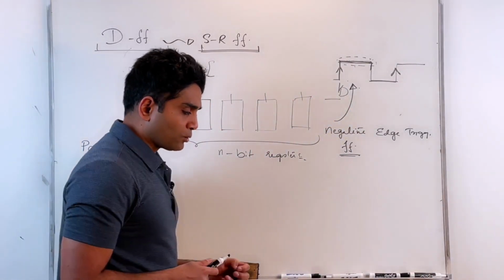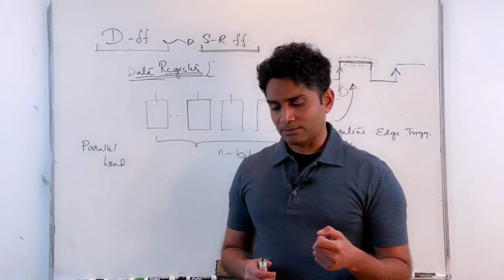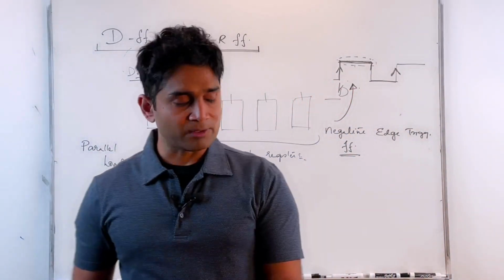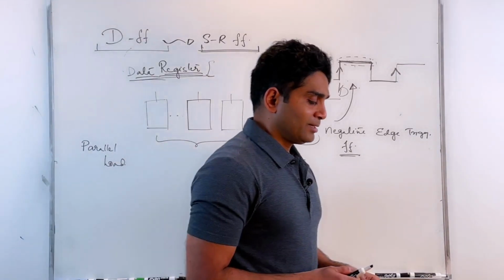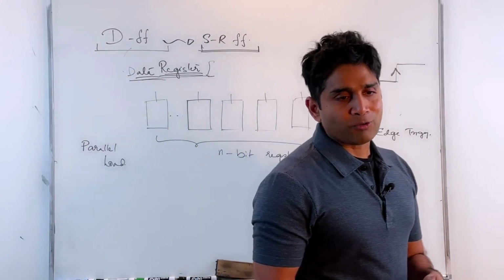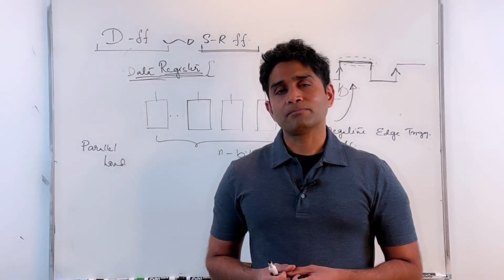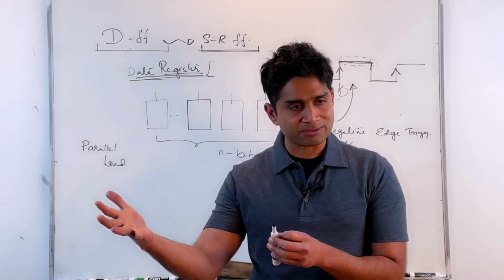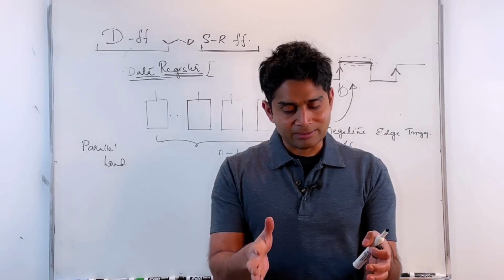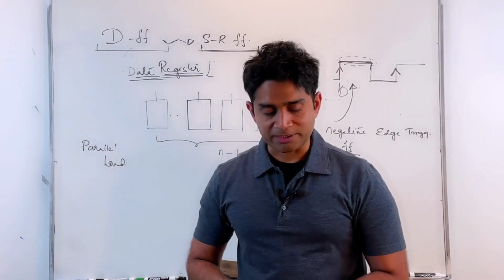Now one of you in the last class asked: because the Q output of a D flip-flop follows the D input, how do I make sure that when data is changed on the data bus, I'm still storing the data in my D flip-flop without it being overwritten with new data placed on the data bus?